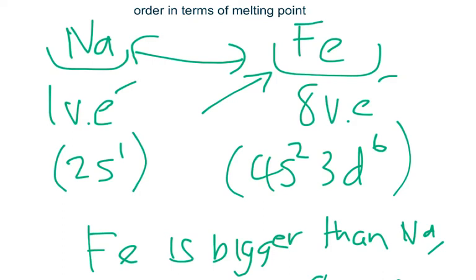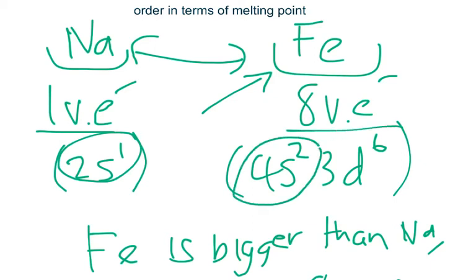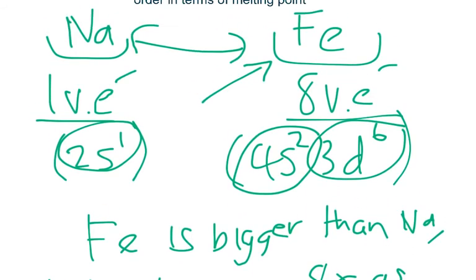But we also have to consider the electrons, and sodium has one valence electron, the 2s1. Meanwhile, iron is a transition metal. It has both the 4s2 valence electrons and the 3d6 valence electrons. So notice that there are 8 times as many electrons. So you have to consider these things when you're thinking about it.